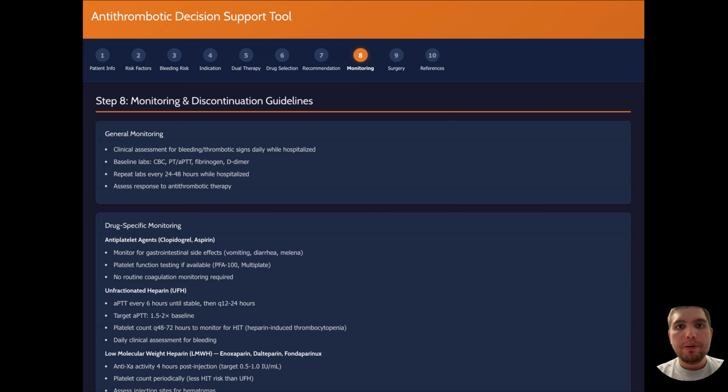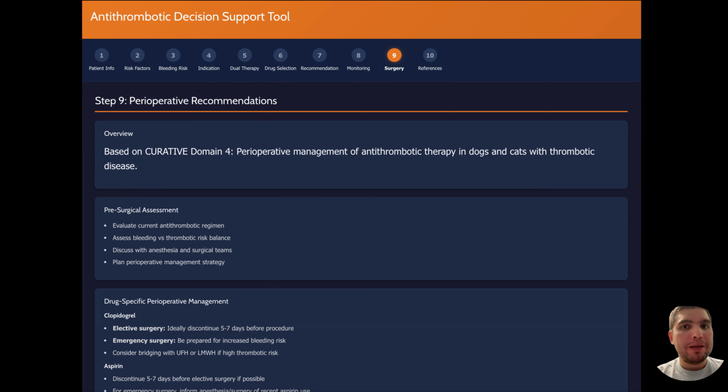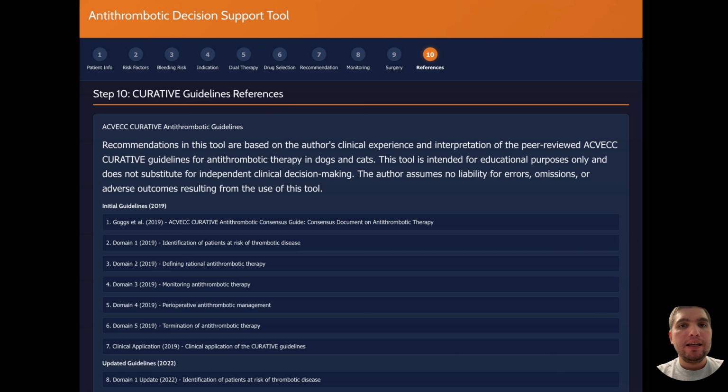In the next step, we're going to provide some recommendations for monitoring, then some information about surgery. If this patient were to go to surgery for some reason and is already on low molecular weight heparin, how do you go about that? And finally, the references. So if you want to triple check everything and go to the primary source, the tool will give you the direct links to the JVECC with all of these domains published in open access.